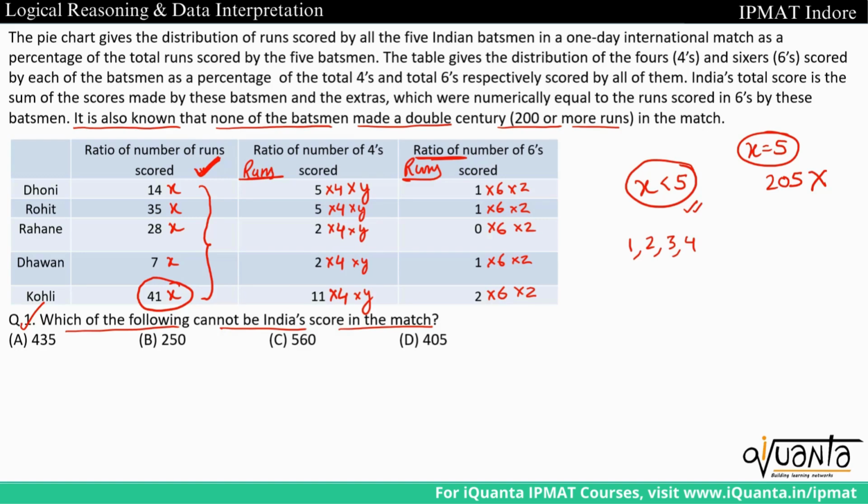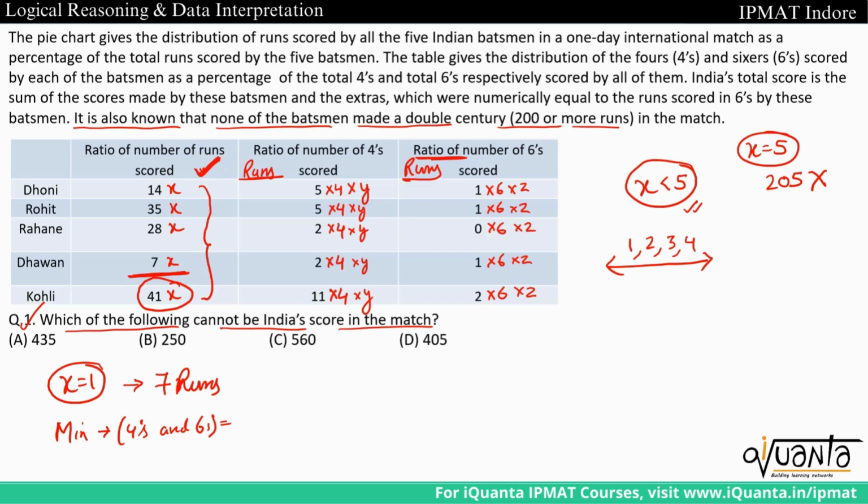So let us now check whether x equal to 1, 2, 3, 4 is possible or not. If we take x equal to 1 over here, what will be the minimum number of runs scored by any batsman? It will be for Dhawan, because for Dhawan we have 7x. So runs scored by Dhawan will be 7 runs. And what can be the minimum number of runs scored by Dhawan in fours and sixes? For minimum, we'll have to take the minimum value of y and z.